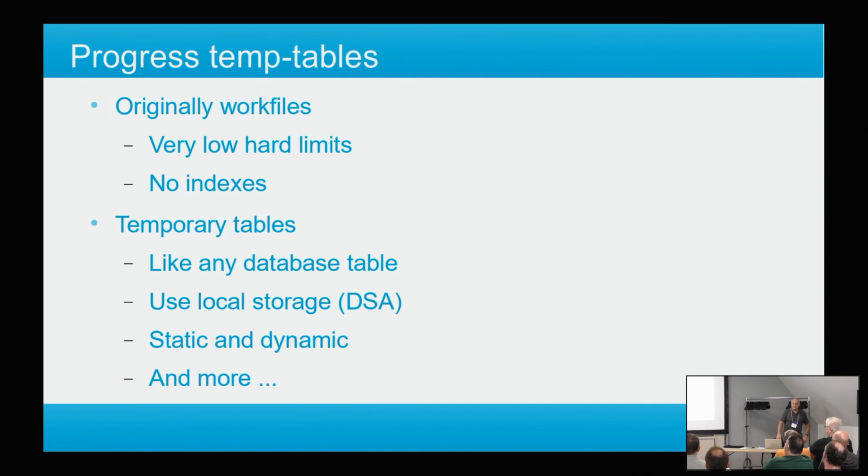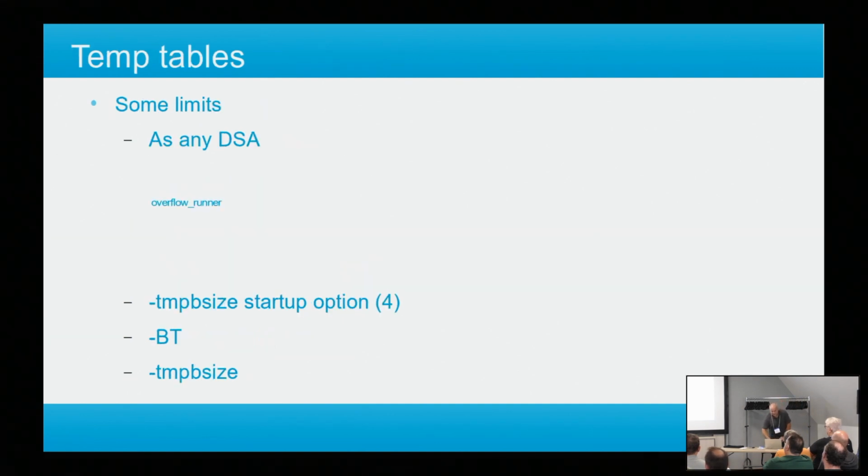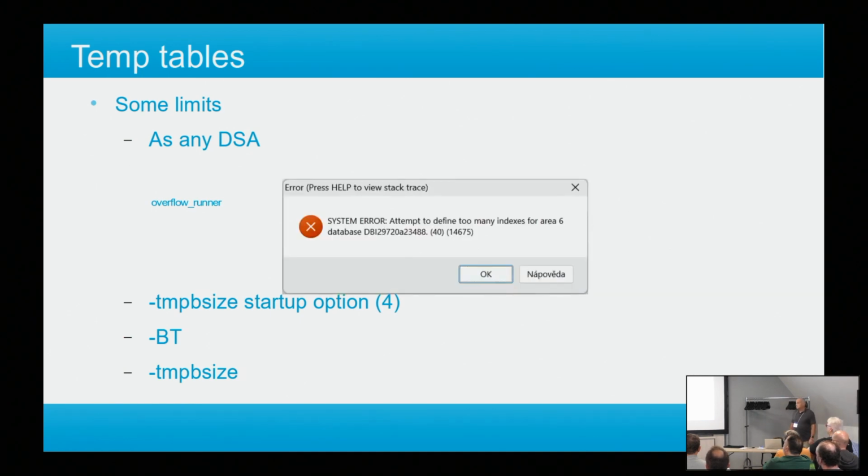So, as any database, temporary tables also have some limits. Probably the main limit you can reach with temporary tables is the number of indexes, because any Progress database has a limited number of indexes you can define, and the same is valid for temporary tables.